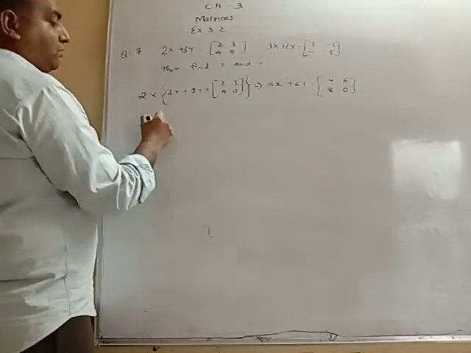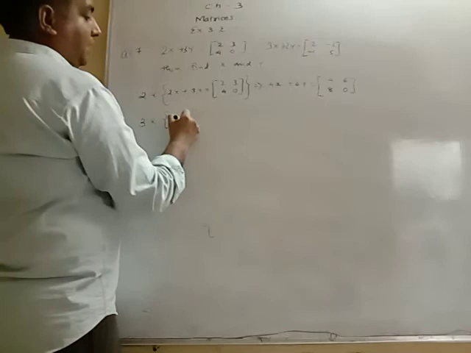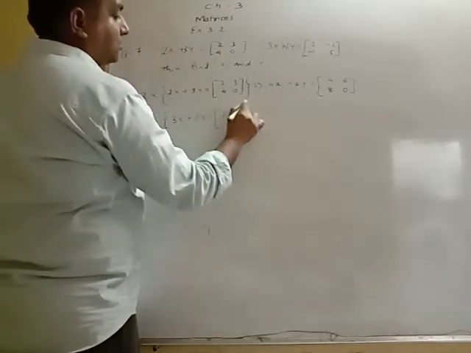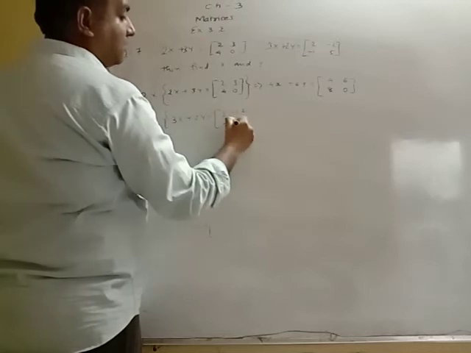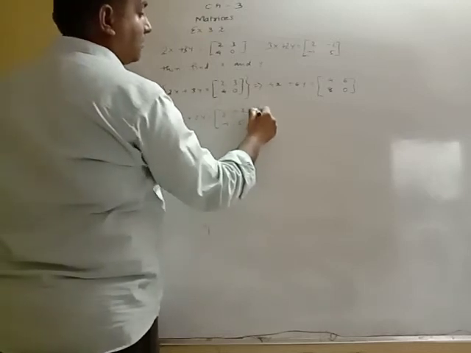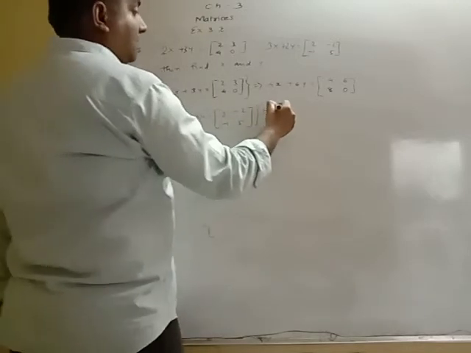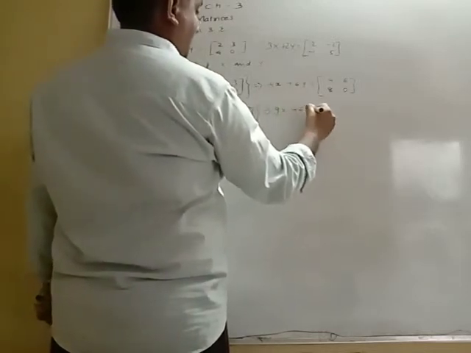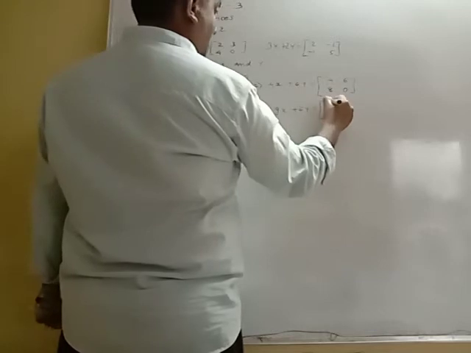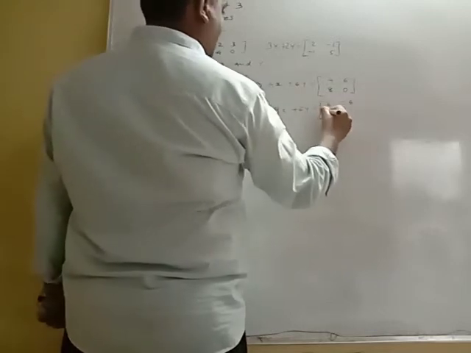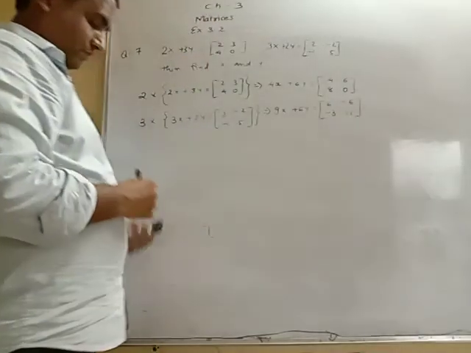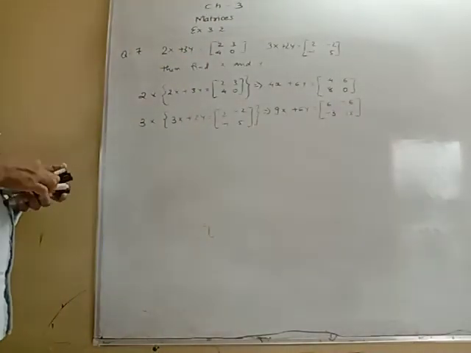Now equation 2 we multiply by 3: 3x plus 2y equals 2, minus 2, minus 1, and 5. Then we get 9x plus 6y equals 6, minus 6, minus 3, and 2.